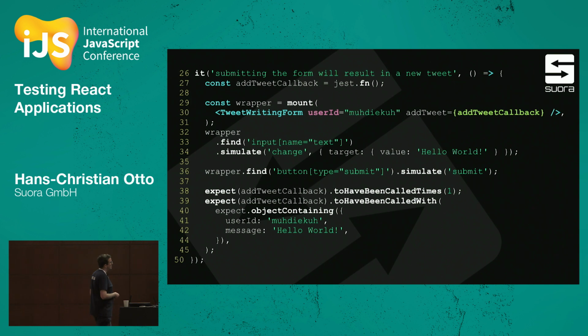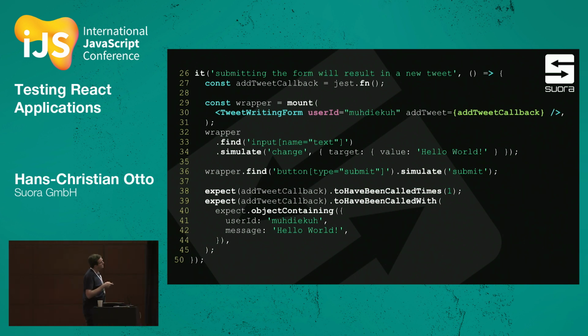And then I do something that refers to something that you might have missed in line 27 because I didn't mention it. Right there, I create a so-called mock function with jest. A mock function is a function that does not contain any logic, but I can verify assertions on it with the help of jest.